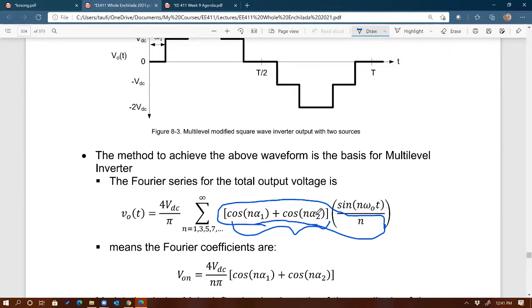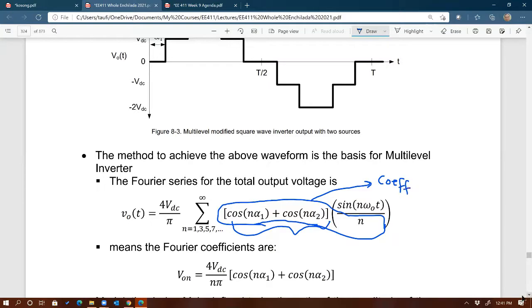Same thing with cosine of n alpha 2, it will be another constant. And then n will also be a constant. So this is what we call the coefficient. All the terms that I encircle right there are constants. That's called the coefficient of the Fourier components for each n.